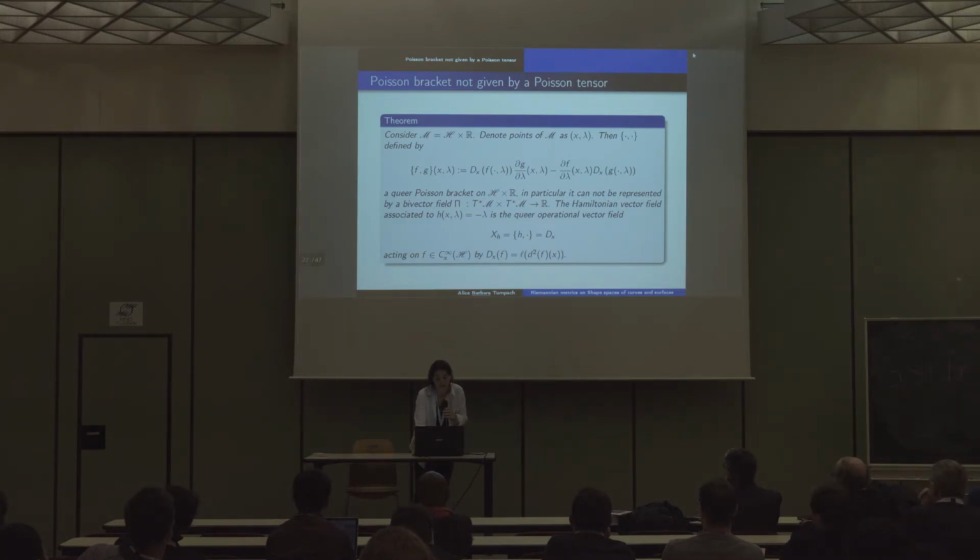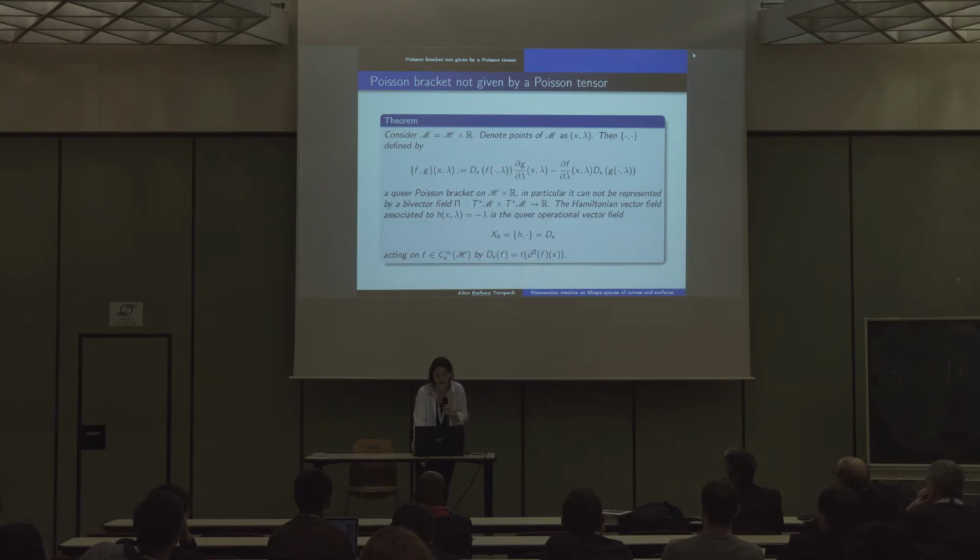And if you look at the Hamiltonian vector field associated to the function minus lambda, where lambda is just the parameter in R, then you end up with a queer operation vector field we have constructed before, which involves the second derivative of the function. And that's the end of the story.